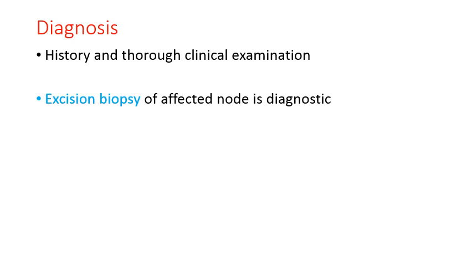Now, how do we diagnose? To diagnose, you need the history and thorough clinical examination. There should be fever, night sweats, pruritus, alcohol-induced pain, and they might report lumps. Then you have to do a thorough clinical examination, including all the lymph node groups as well as examination of Waldeyer's ring, that is, you have to look for tonsillar enlargement as well.